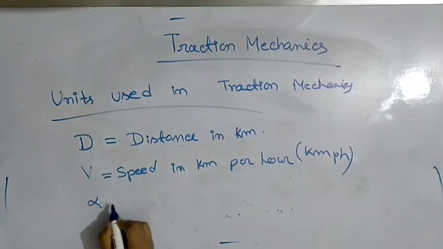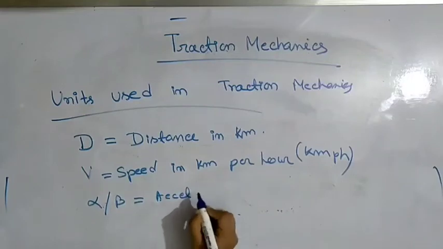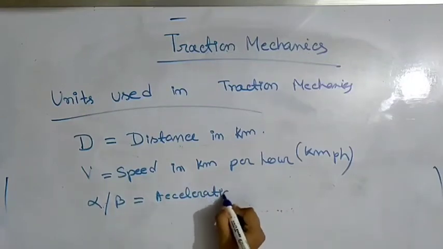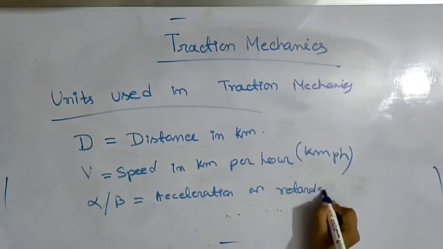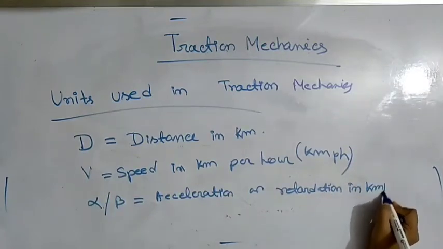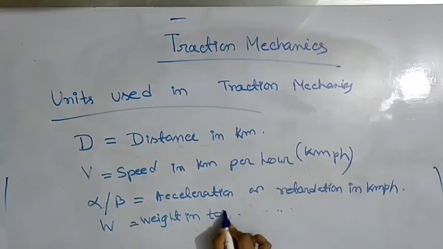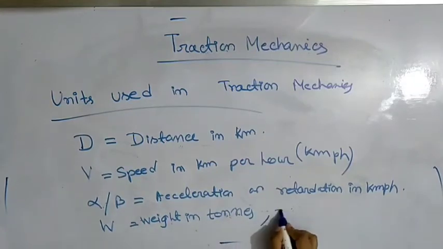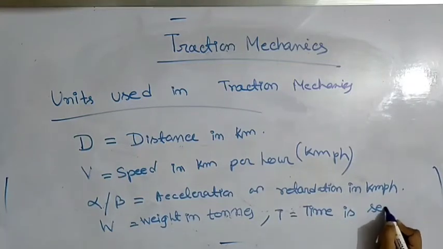Next, alpha or beta, this is acceleration or retardation in kilometer per hour per second. Next W, weight in tons. T, time in seconds.